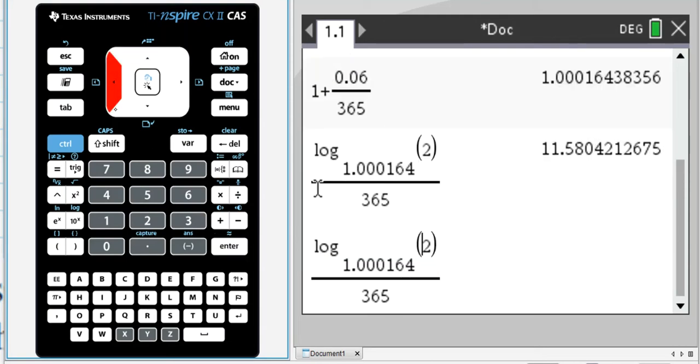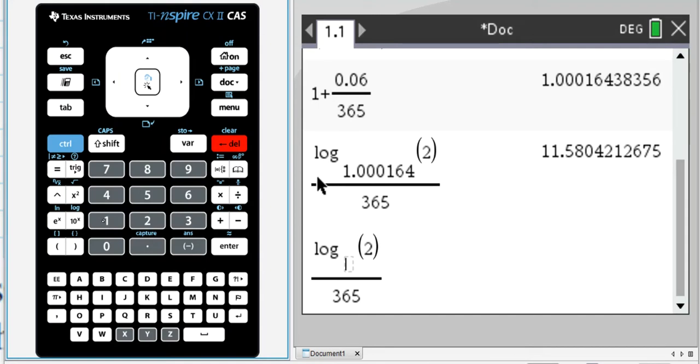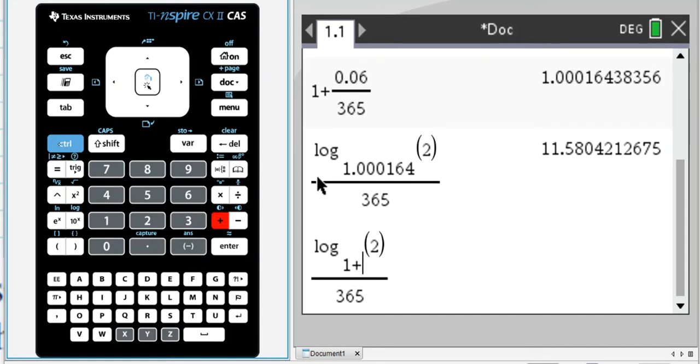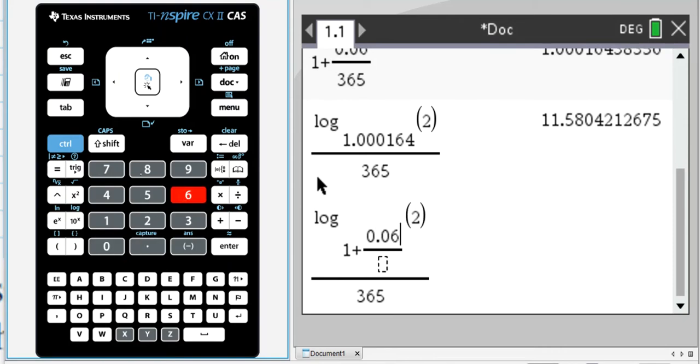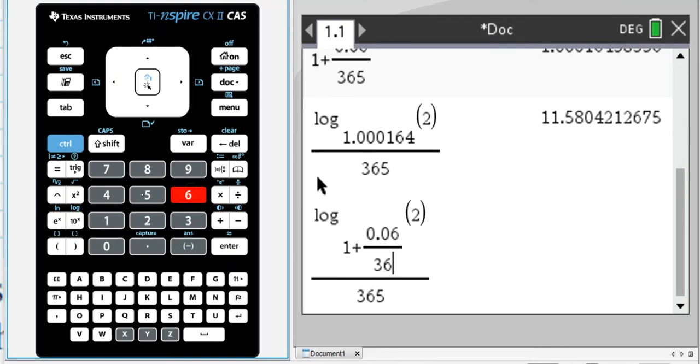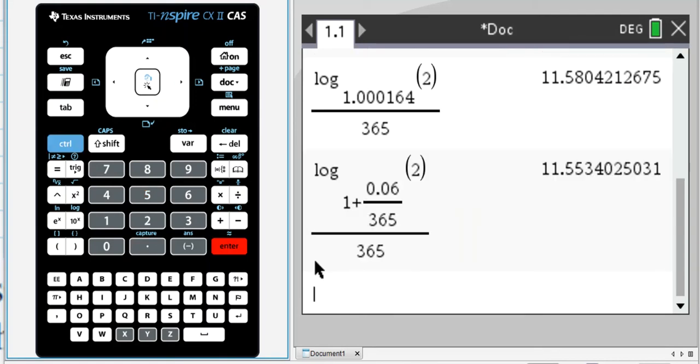And everything in that expression worked for me except for the base of the logarithm. Instead of the decimal, I'm going to write the entire fraction, 1 plus 0.06 divided by 365, because that's the value that we had to round earlier.